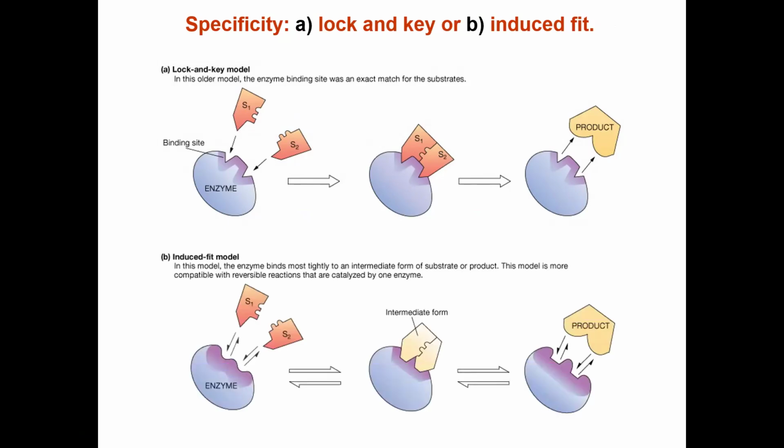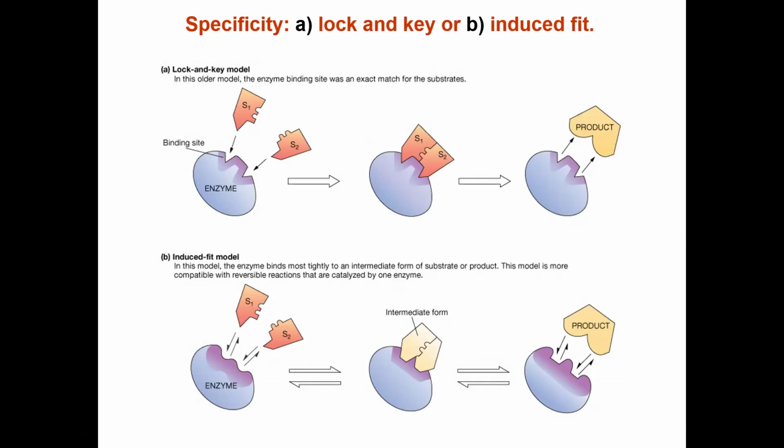While the induced fit model explains that the enzyme binds most tightly to an intermediate form of the substrate or the product. This is a model that is more compatible with reversible reactions that are catalyzed by one enzyme. So you have a forward reaction, and you have a backward reaction.